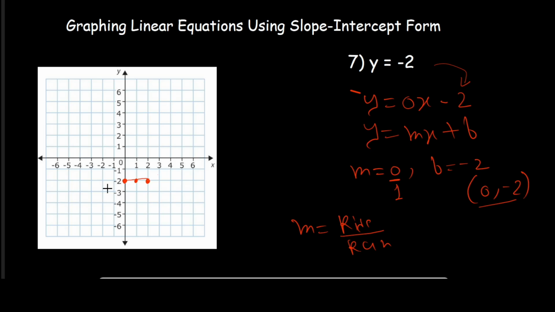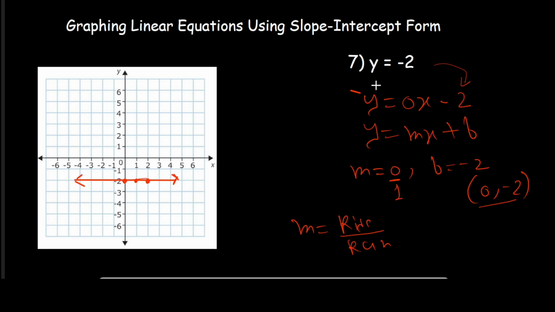So let's connect these 3 points with a straight line and add arrows to both sides of the line. It shows that our line goes on to infinity. So this is our solution. And if you notice, the line is parallel to the x-axis.